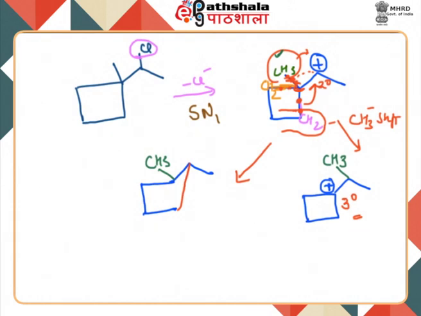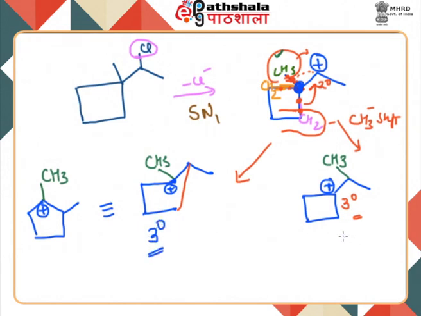As a result, the carbocation which was at this position will now come to this carbon. This can be properly rewritten in this form, where you can notice this methyl which is here, and relative to the adjacent position we have this methyl, and this carbocation is at this position. So this is again a tertiary carbocation.